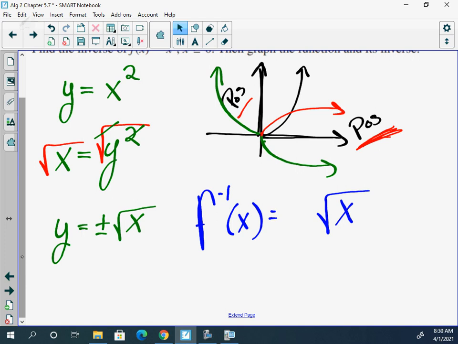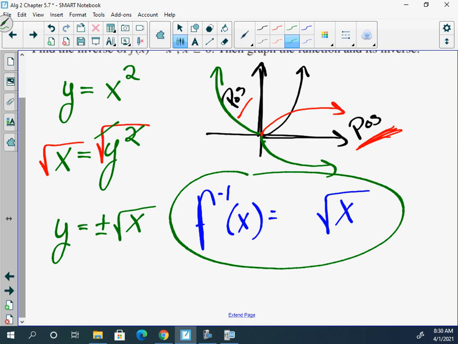But our inverse is this here. It technically wouldn't have an inverse, but I would still have you go on and find it. We would just leave the plus or minus there.